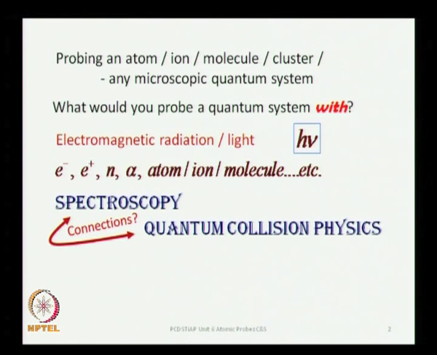The question that we will discuss in today's class and in the next couple of classes is whether there are connections between spectroscopy and collision physics, and if yes, what are these connections.